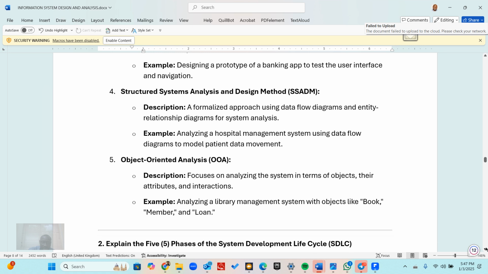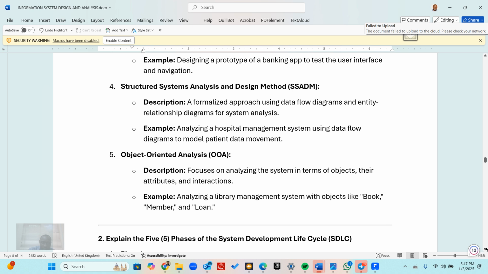Structured analysis and design model. A formalized approach using data flow diagrams and entity relationship diagrams for system analysis. Analyzing hospital management system using data flow diagram to model patient data movement.